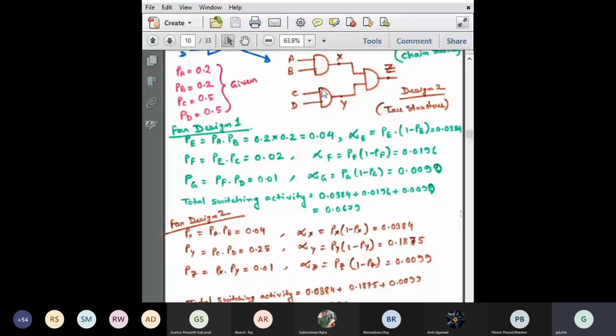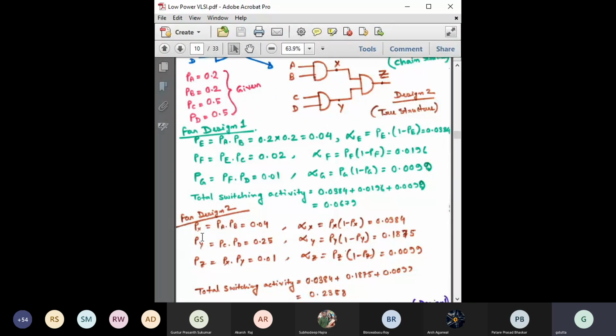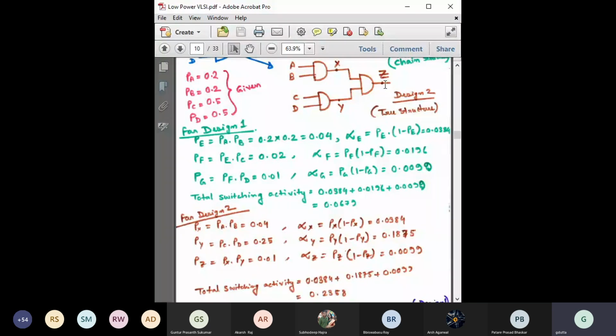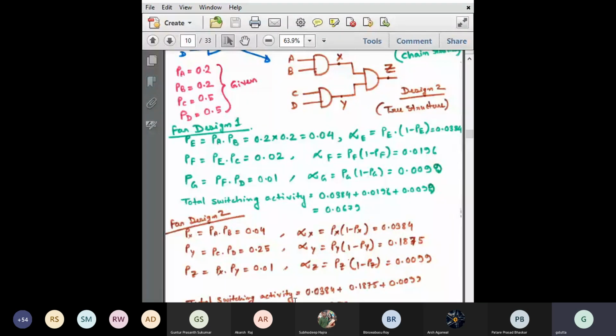Here we have two internal nodes X and Y. You can calculate Px and Py, and also alpha X and alpha Y. After you find alpha X and alpha Y, you also have to find alpha Z. Then the total switching activity is the addition of these three, and it comes out to be 0.235.